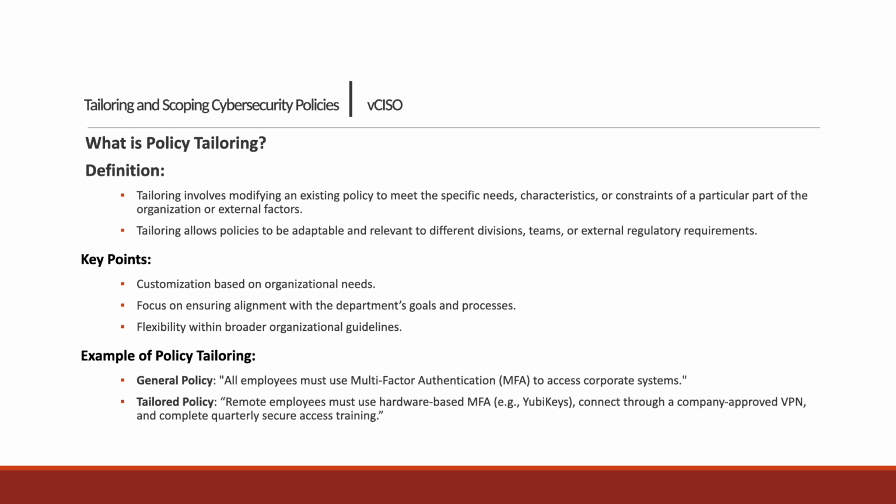You cannot have conflicting items. You cannot say all data at rest at the disk level must be encrypted for corporate laptops, and then say that for this department the data may not be encrypted. You have to make sure it is entirely applicable to whatever audience it applies to.